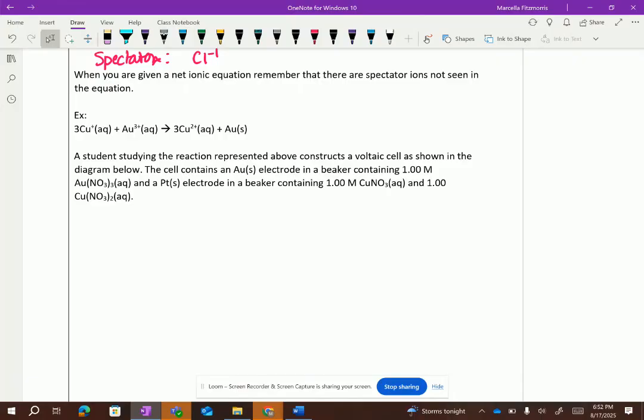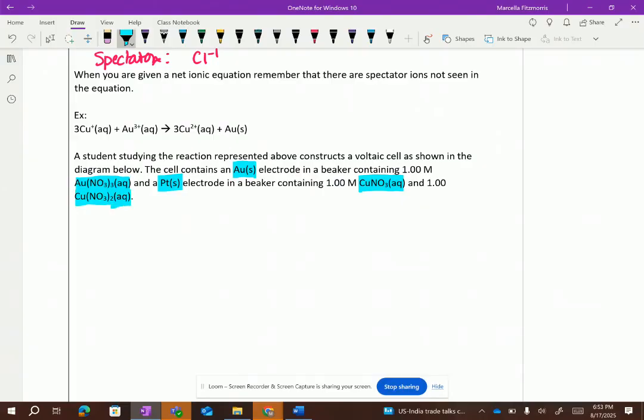If I read this problem, which says a student studying the reaction represented above constructs a voltaic cell as shown in the diagram below. The cell contains an Au solid electrode in a beaker containing 1 molar AuNO3 aqueous and a platinum solid in a beaker containing 1 molar CuNO3 and 1 molar CuNO3 too.